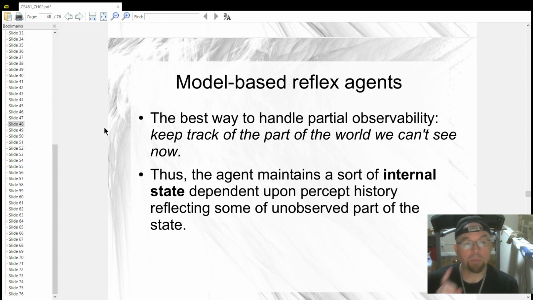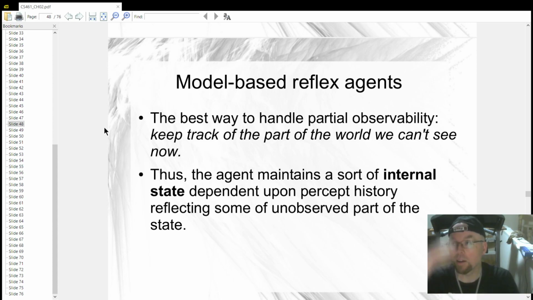Keep track of the part of the world that you can't see at this particular moment. The agent is keeping track, in its head, of a sort of internal state that depends on the percept history.